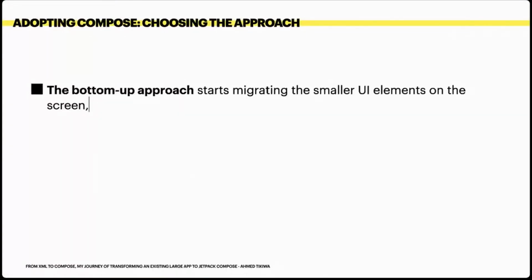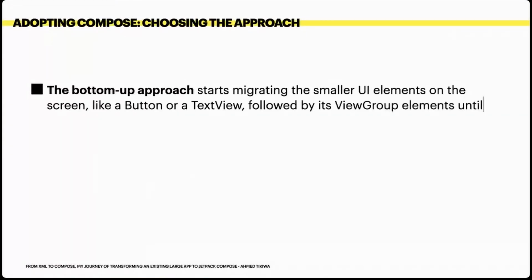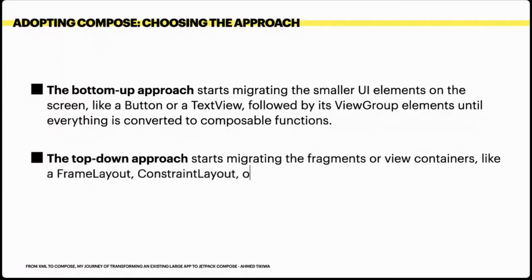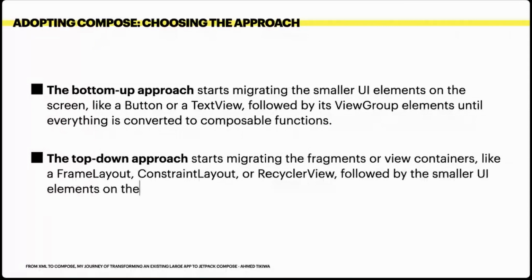The first approach is called the bottom-up approach, and it starts by migrating the smaller UI elements on the screen, like a button or a text view, followed by its view group elements until everything is converted to composable functions. Then the second is the top-down approach, which starts by migrating the fragments or view containers like a frame layout, constraint layout, or recycler view, followed by the smaller UI elements on the screen.